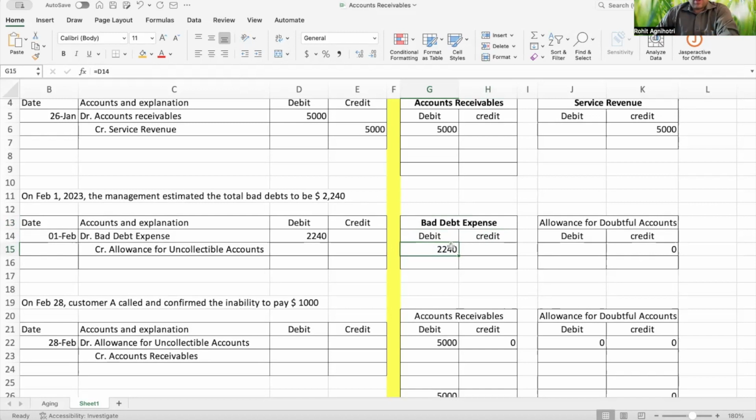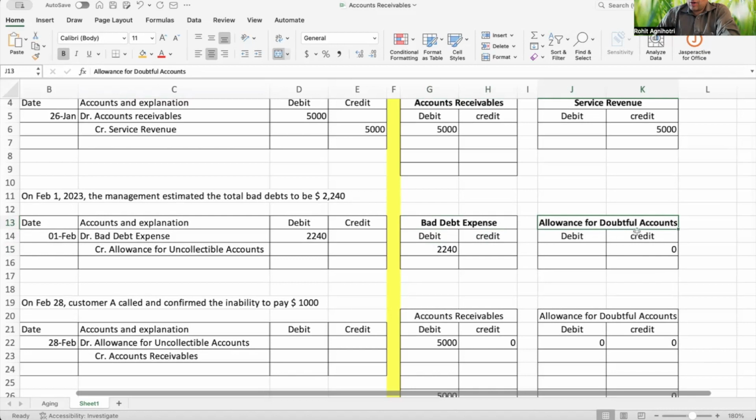Now, at the same time, you have to record a provision, and now we will talk about the allowance for doubtful accounts. Remember, this is a provision. This is a contra asset account, meaning it works against your accounts receivable account. It's on the asset side of the balance sheet, but it works the opposite way of an asset.